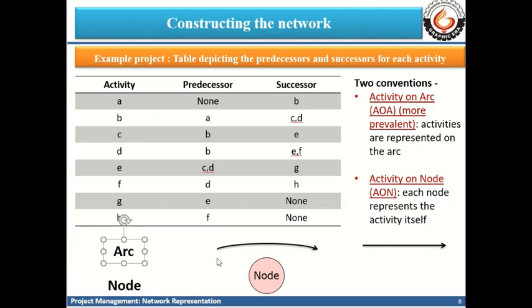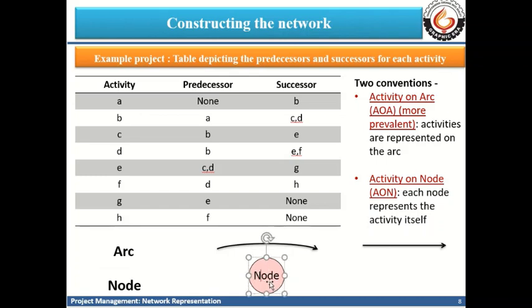So basically it denotes the direction in which we are proceeding while an activity is being completed, and the node is represented by a circle.